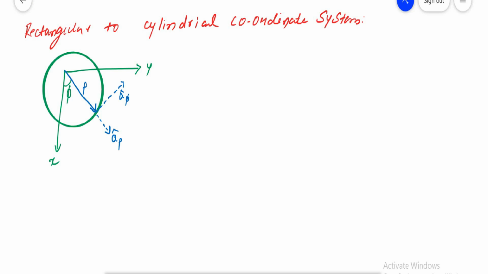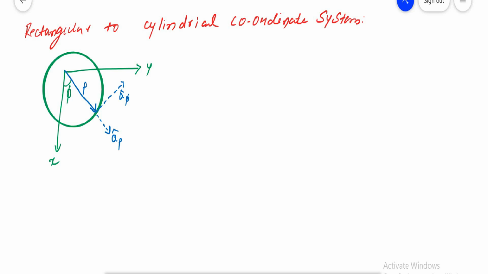Now we are going to consider the rectangular to cylindrical coordinate conversion. If you define a point in space, say A is a point, it has some projections on x, y, z, rho, phi, z. So it may have projections on all these coordinates.